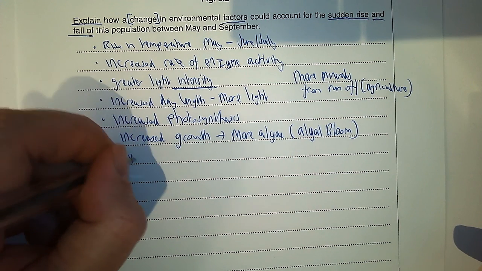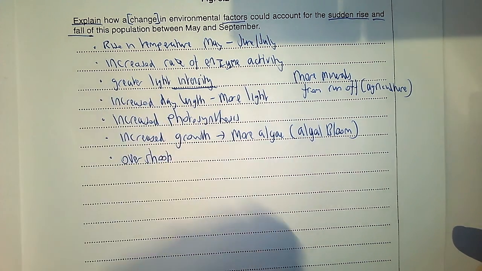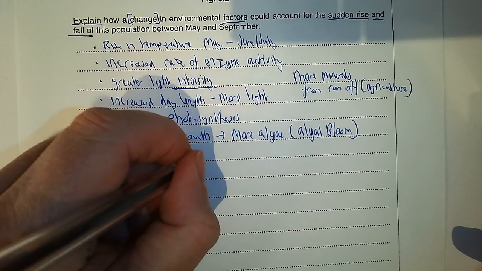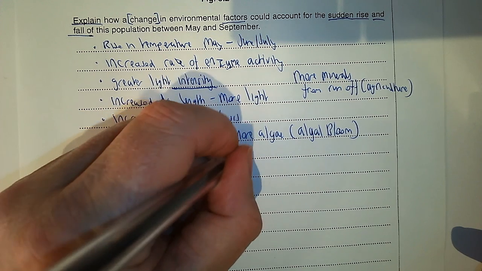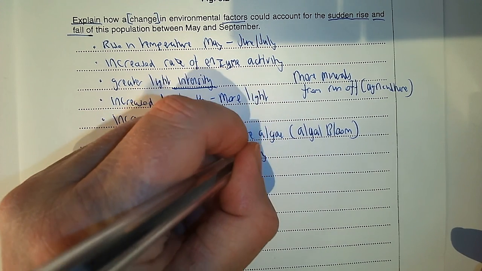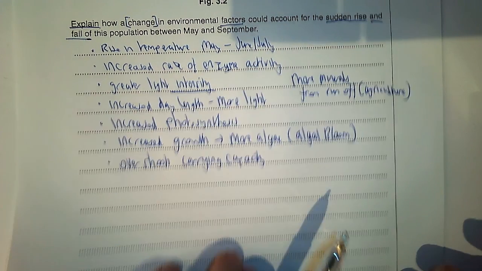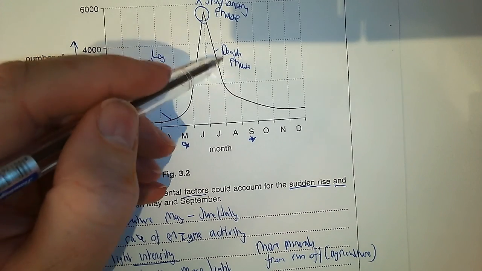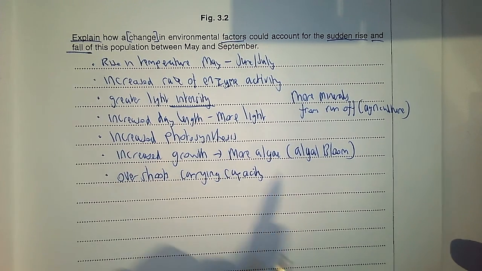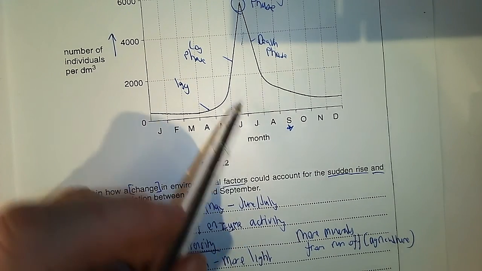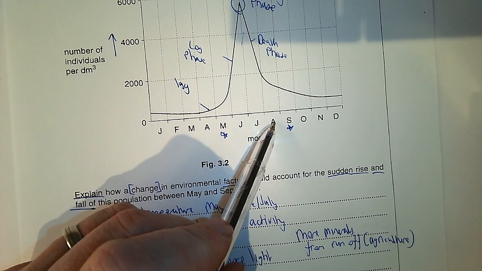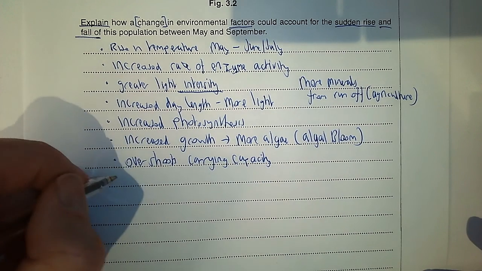Alright, so it overshoots carrying capacity of the habitat. So now we've got death rate being greater than birth rate. So what are the reasons for that then? Well, going through July, end of July, August, September, there's less light.